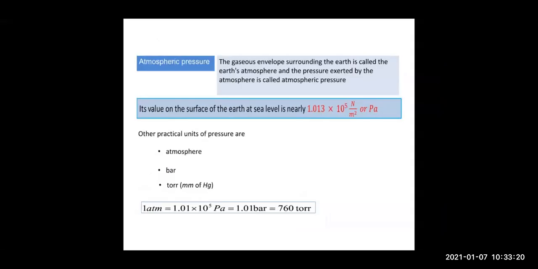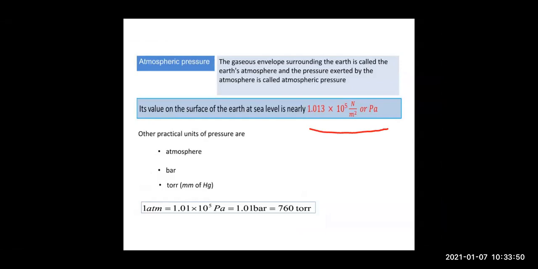The next is, children, atmospheric pressure. Atmospheric pressure is the pressure of the atmosphere at any point, the pressure exerted by the atmosphere, the gas layers above us. The value of atmospheric pressure, we know, is 1.013 × 10^5 Pascal. There are other units also to measure pressure.